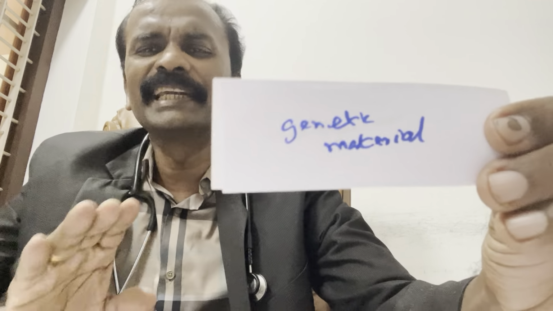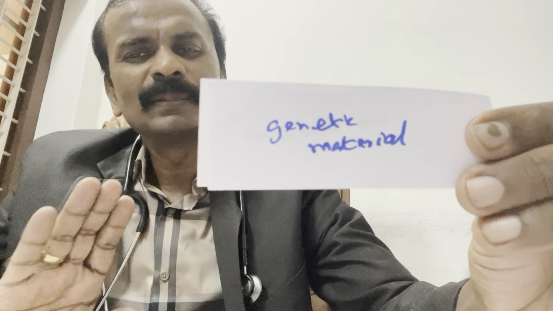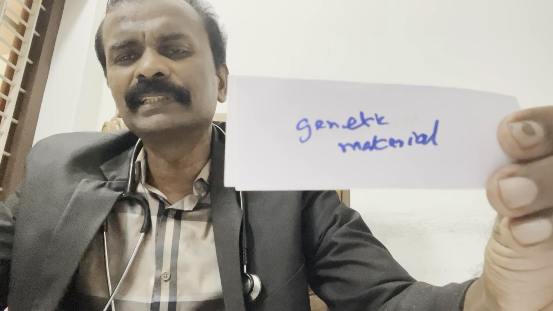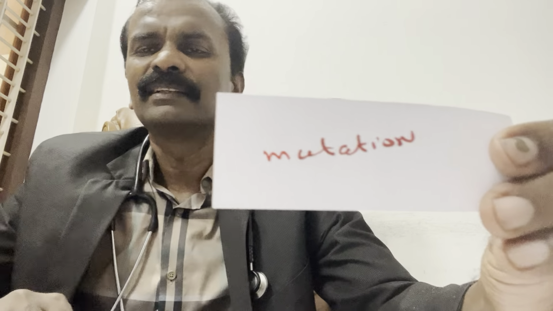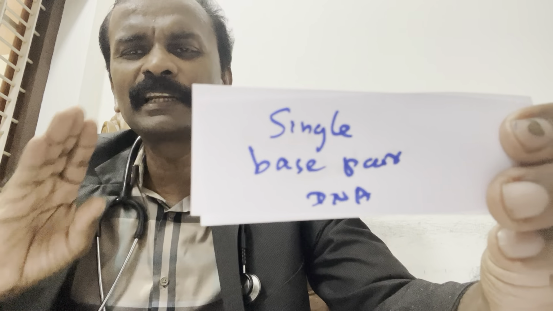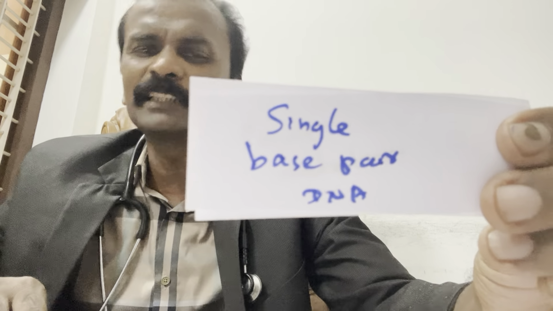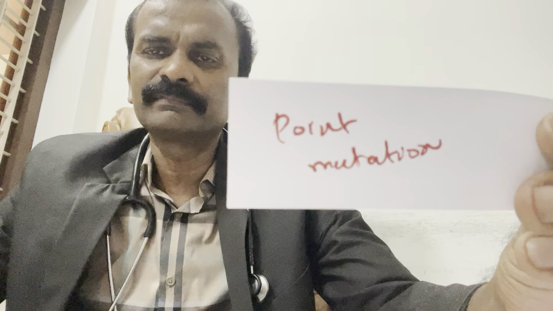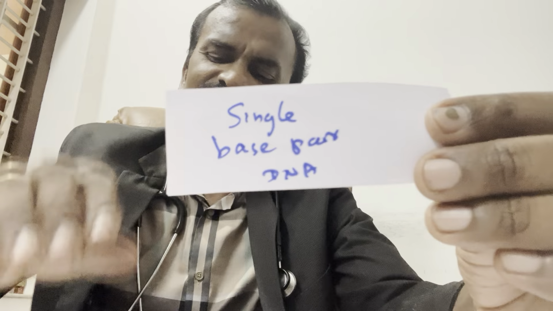So in other words, I am going to make it very easy. If you see the word problem in genetic material, always answer mutation. If you see a word, problem in single base pair of DNA, just answer the word point mutation. I made it very clear for you.